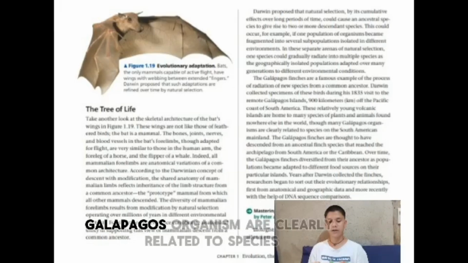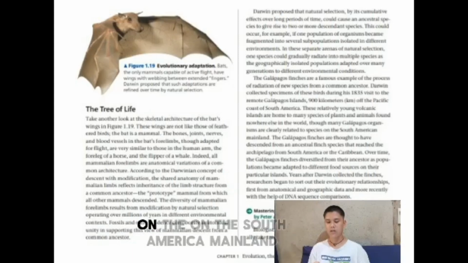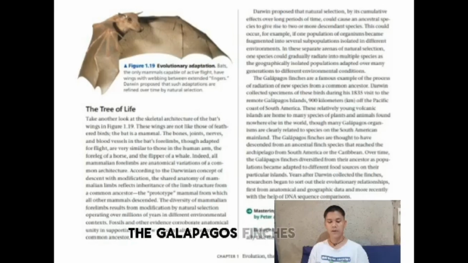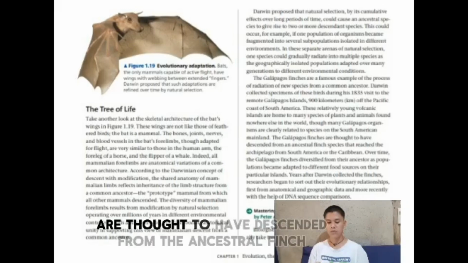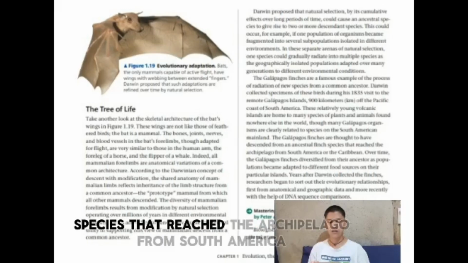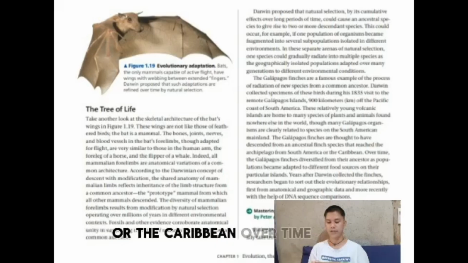Though many Galapagos organisms are clearly related to species on the South American mainland, the Galapagos finches are thought to have descended from an ancestral finch species that arrived on the archipelago from South America or the Caribbean.